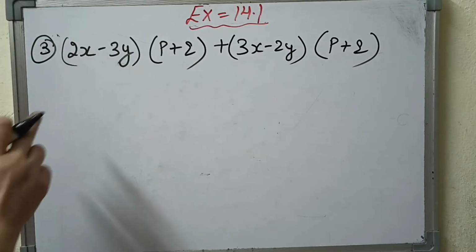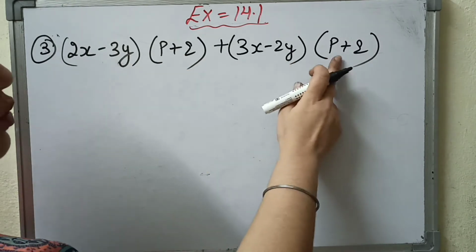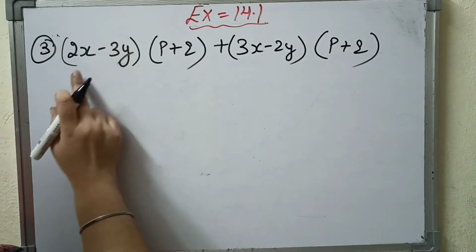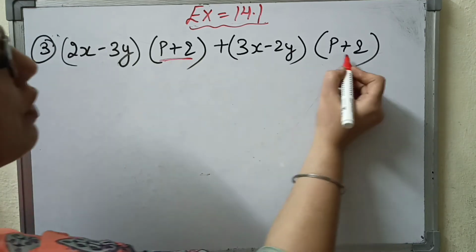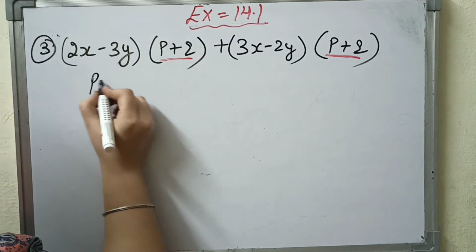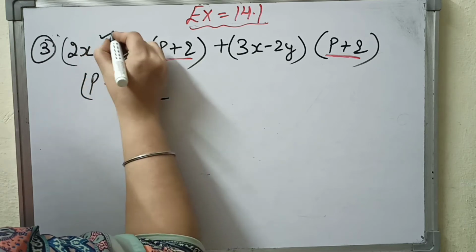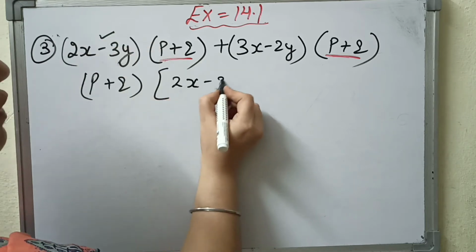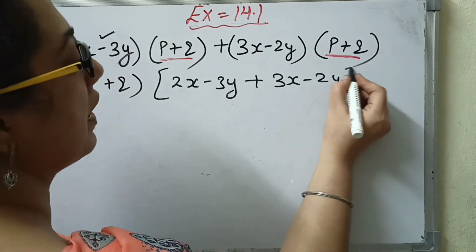Sum number third, 2x minus 3y into p plus q plus 3x minus 2y into p plus q. Here there are two terms and in both the terms p plus q is common. So taking p plus q common, we write p plus q, and inside the bracket the term which is left, 2x minus 3y, and from the second term 3x minus 2y.